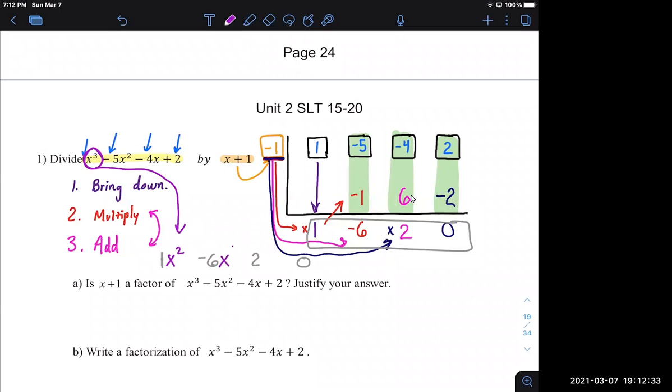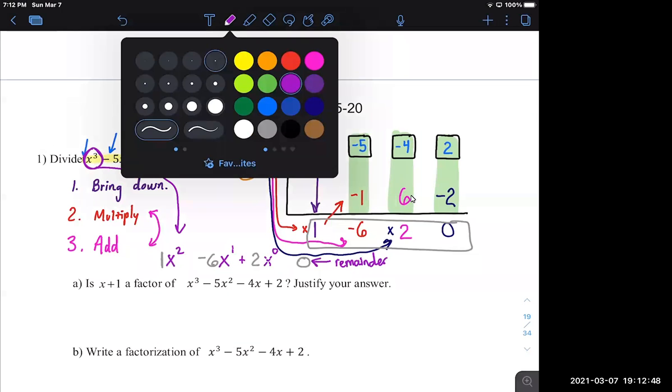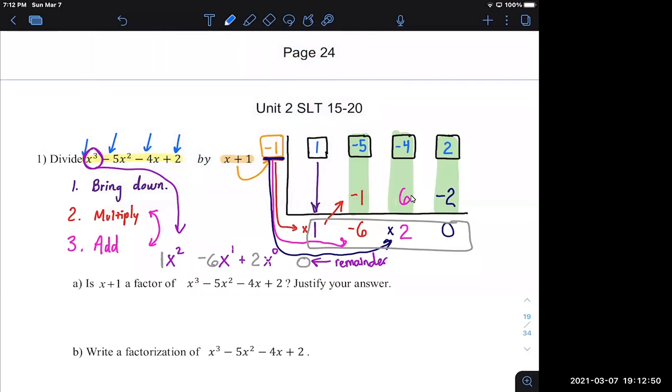And then you have x to the first power, x to the 0 power. And the last term is the remainder, so we do not have a remainder in this case. So my final answer, if I wanted to simplify it, would be x squared minus 6x plus 2. Because we did not have a remainder.